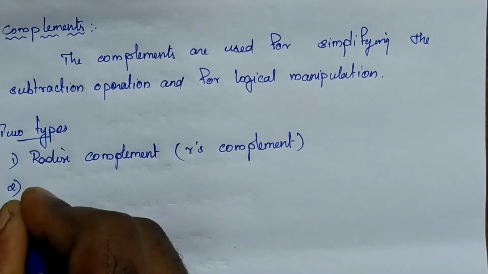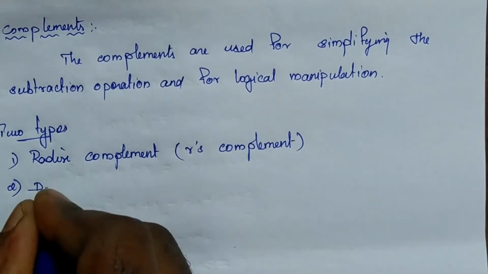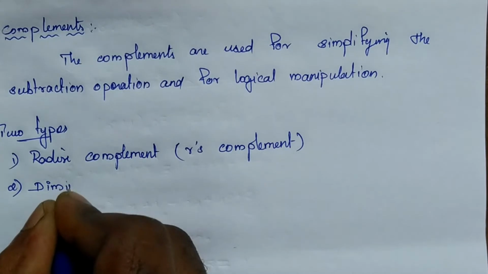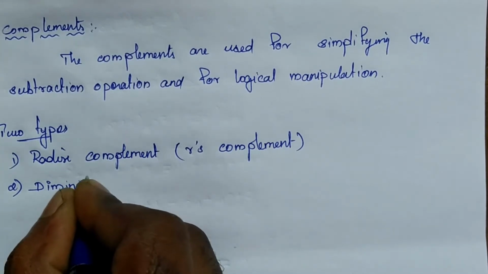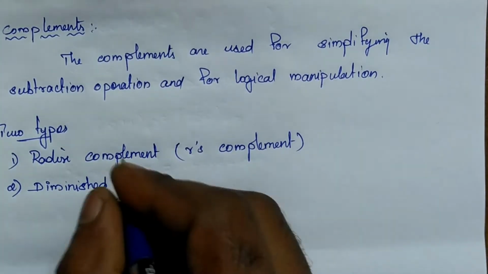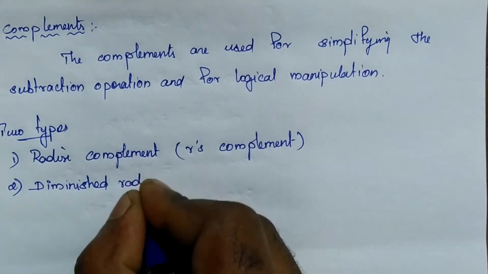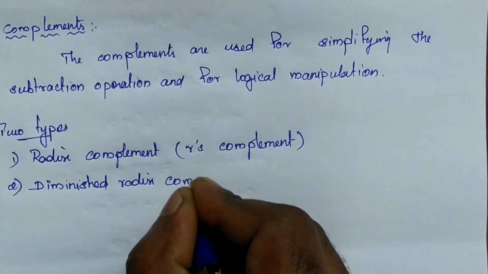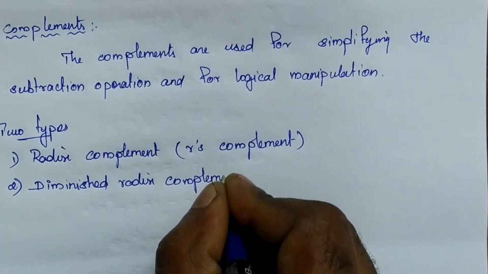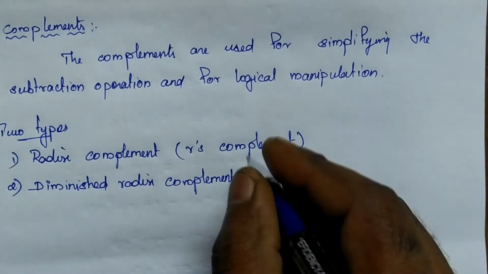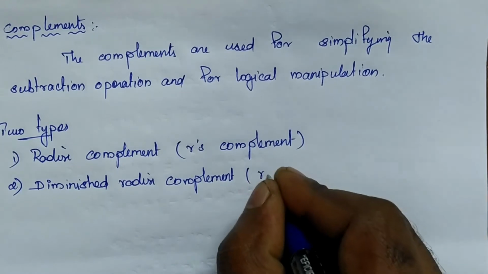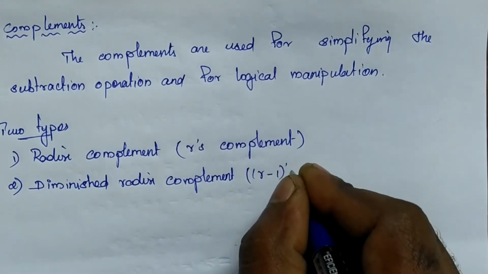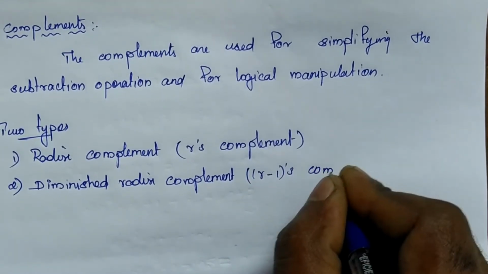Second one, diminished radix, also called as R minus 1's complement.